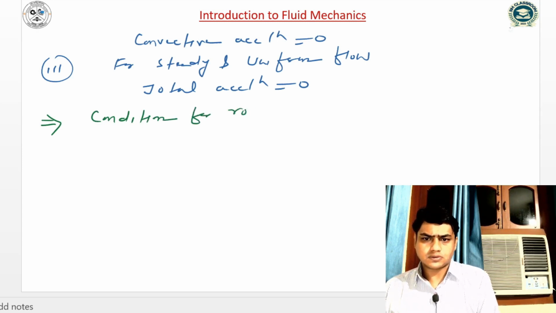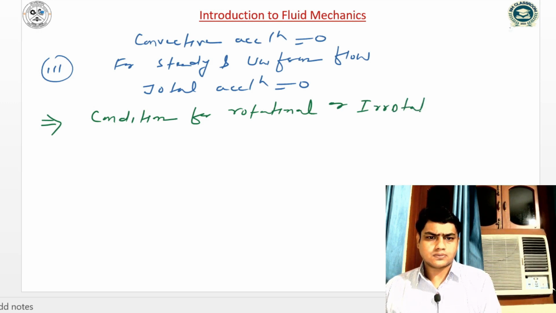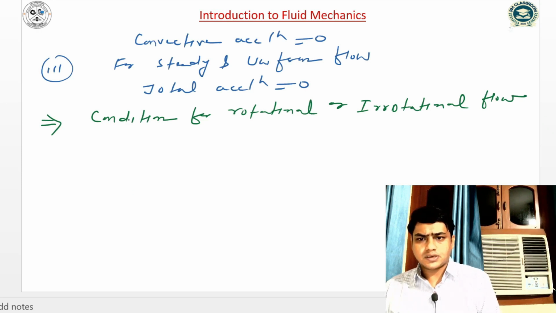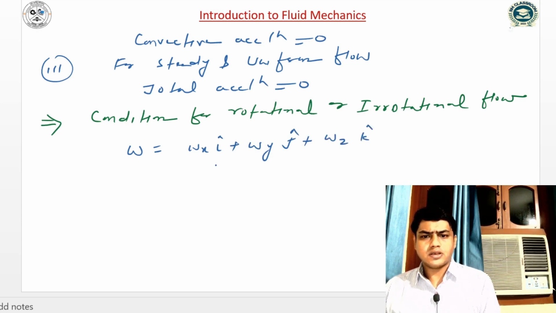We discussed the angular velocity, that is omega x i plus omega y j plus omega z k, where omega x, omega y and omega z are the angular velocity components in x, y and z direction, and velocity is given, that is ui plus vj plus wk.